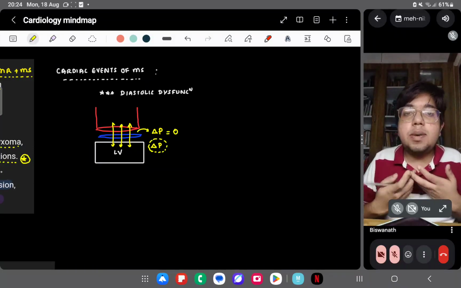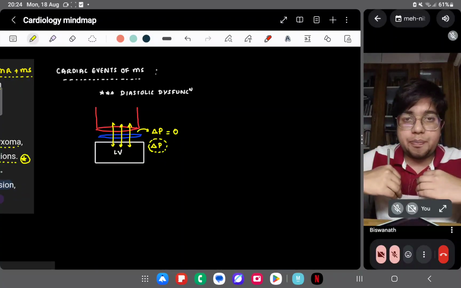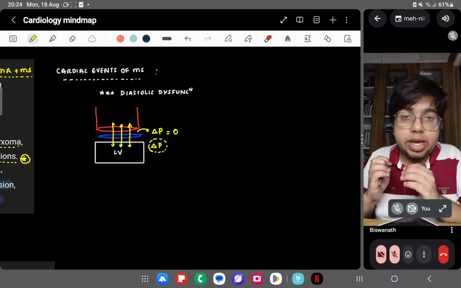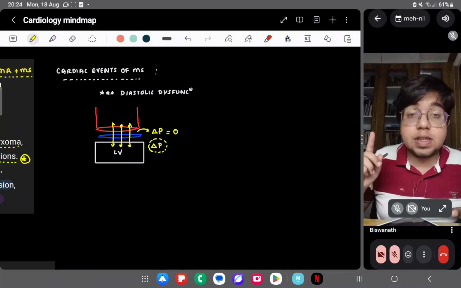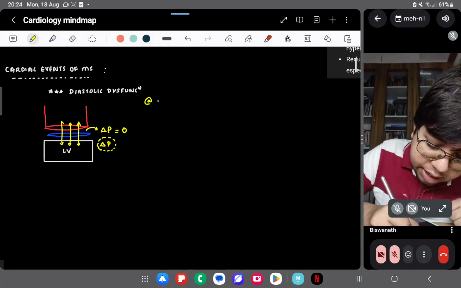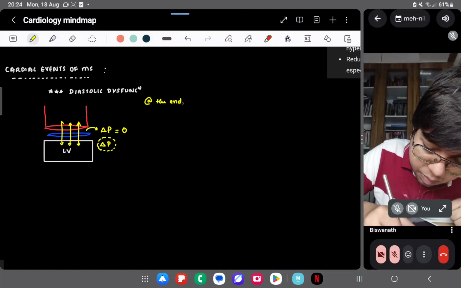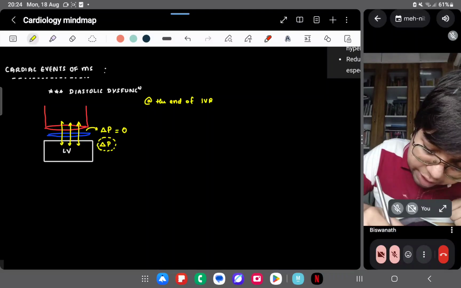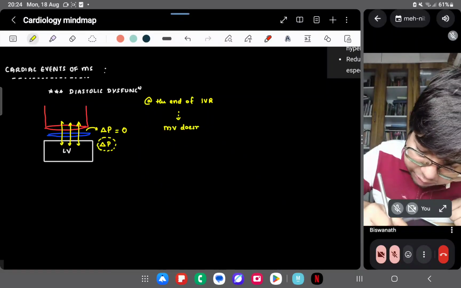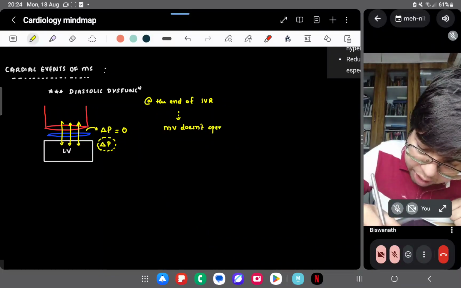It was not closing completely, due to which blood was leaking back. This is an opening issue. The valve is not opening completely. So at the end of isovolumetric relaxation, the mitral valve doesn't open completely.